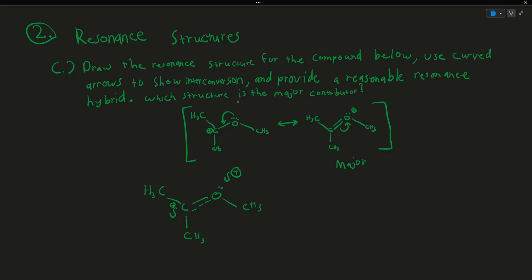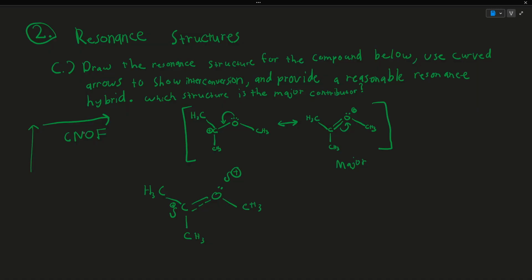And also, for another reason, if you look at the periodic table and you look at the locations of these atoms, you have carbon over here and then oxygen over here. Okay, and so we know that on the periodic table, the trend for electronegativity is up and to the right. So as you go higher up and more to the right, you get more electronegative atoms, with fluorine being the most electronegative.